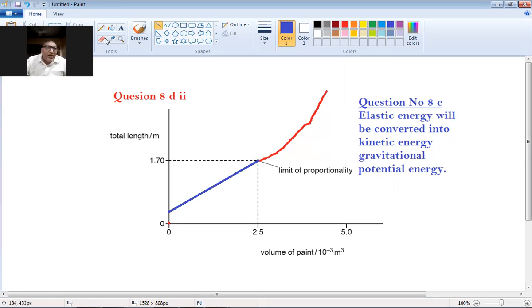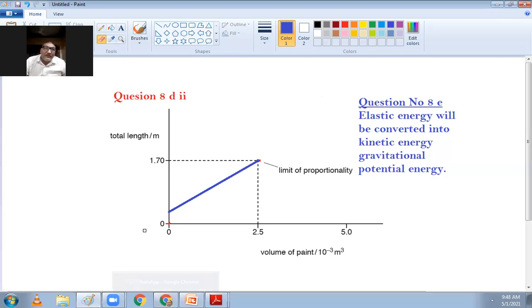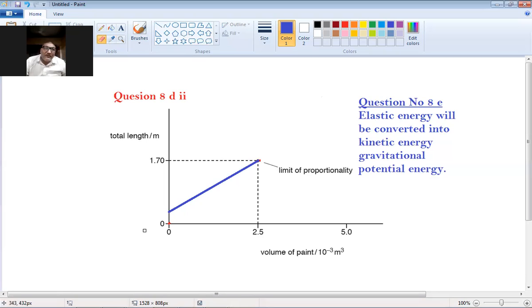Okay. Now, another mistake which can happen, beyond this point, he told you that this will become harder to extend. After this point, what happened? The graph becomes harder to extend, so the graph cannot go up. So this is a common mistake which normally a student is going to make.